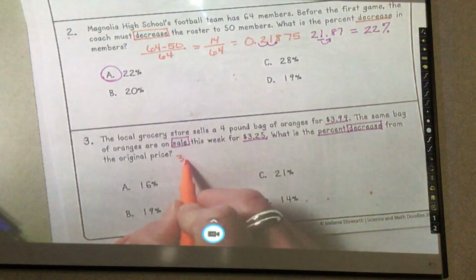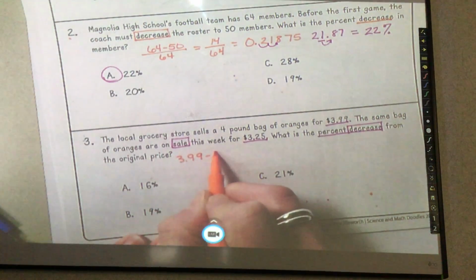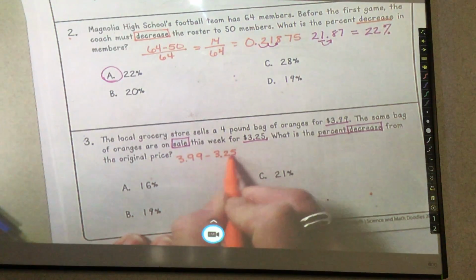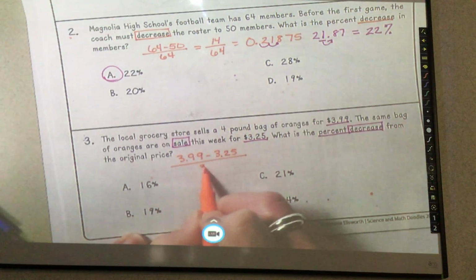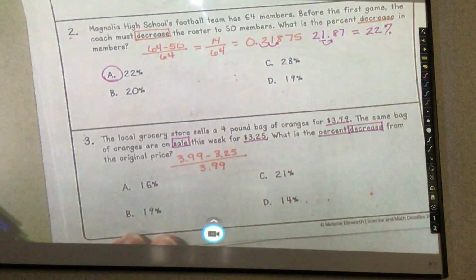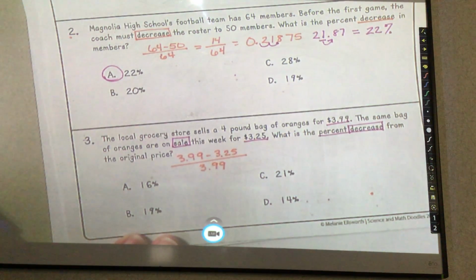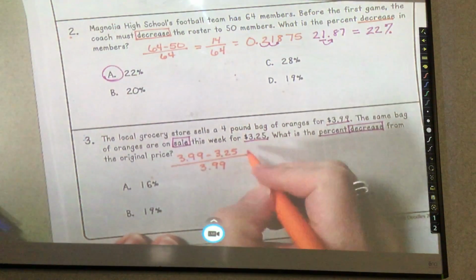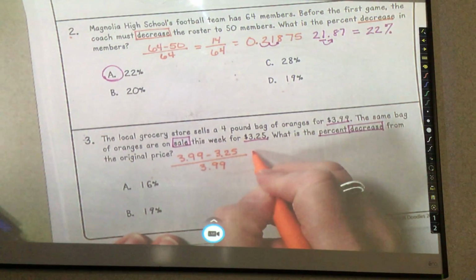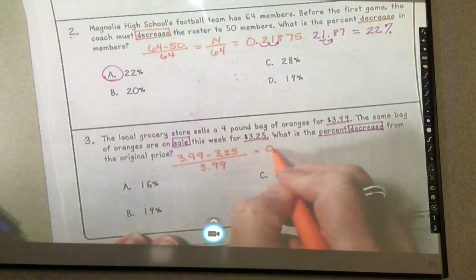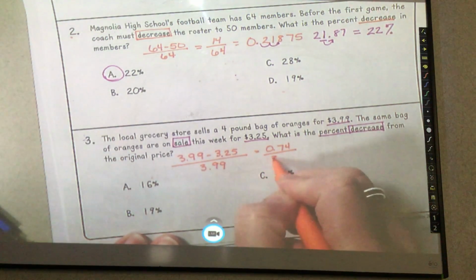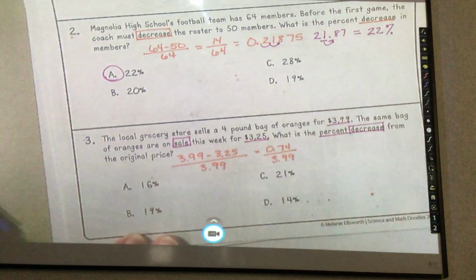Original amount was $3.99 minus my new sales price over my original amount. You need to make sure you have it set up like this. So it is 74 cents divided by $3.99.